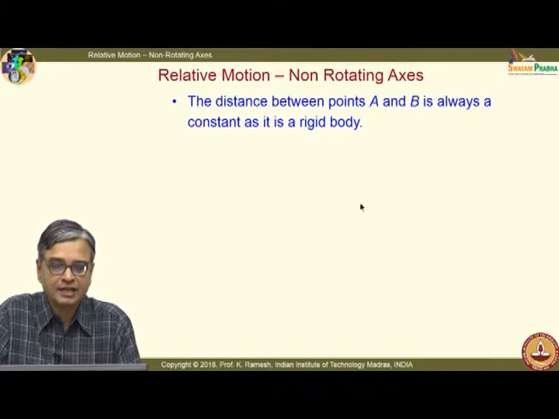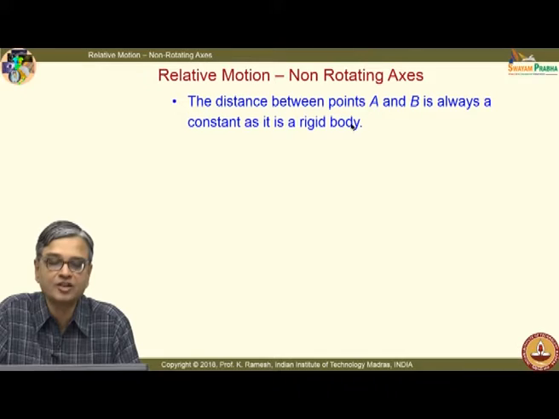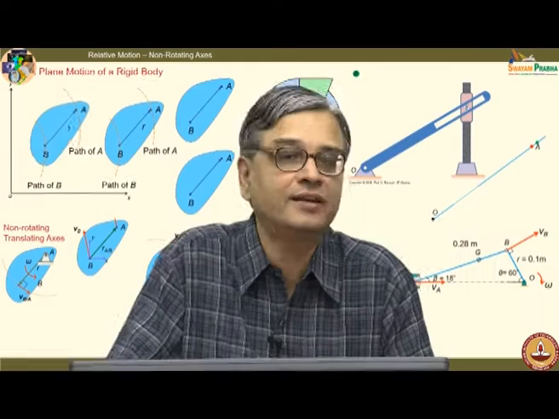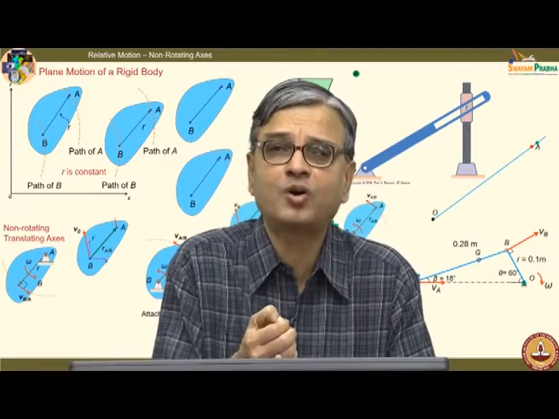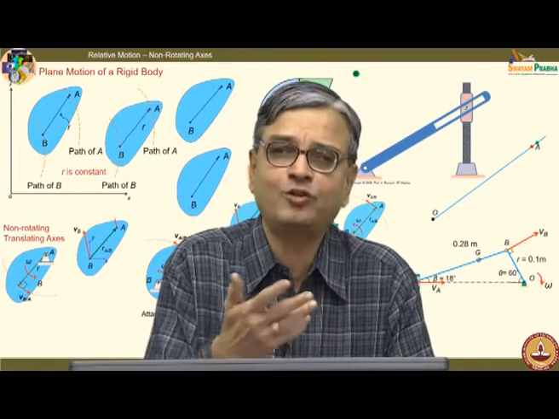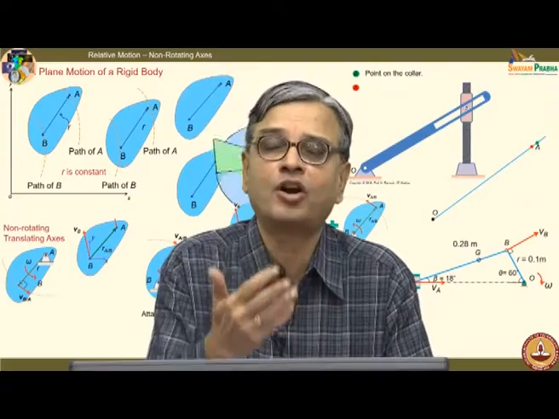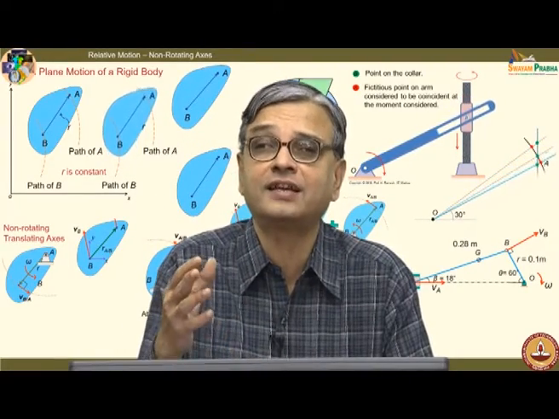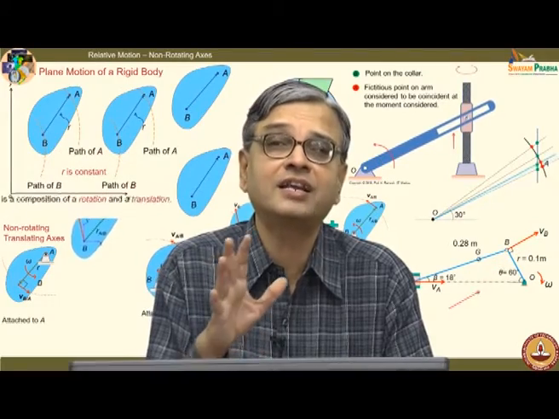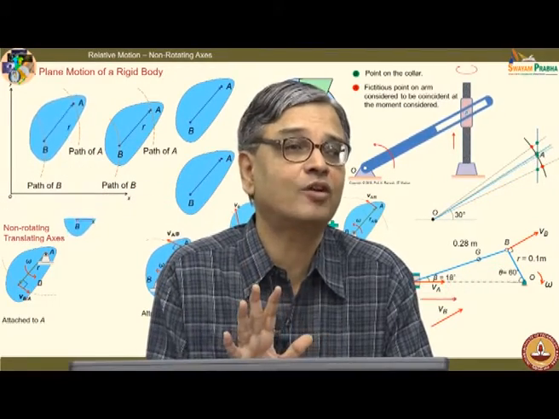Let us summarize the points: relative motion, non-rotating axis. The distance between points A and B is always constant as it is a rigid body. If it is a deformable body, what will happen? There may be some small change in the distance. But I told you earlier, engineers model the problem like this. Even if you consider deformation, you say it is small, and you can still work with the initial coordinate system.